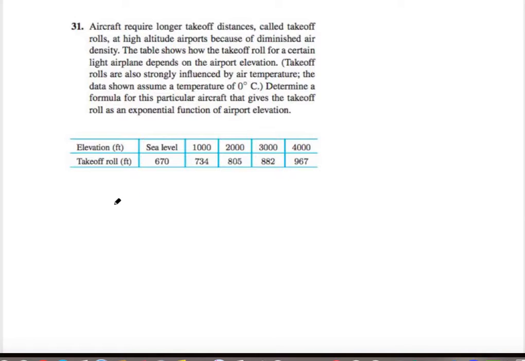So we'll say roll as a function of elevation is going to be equal to some initial value, we'll say is R0, times some base, which is A, raised to the E power.